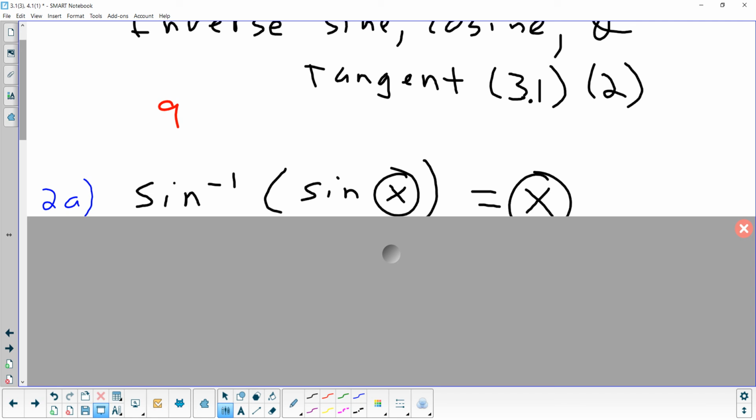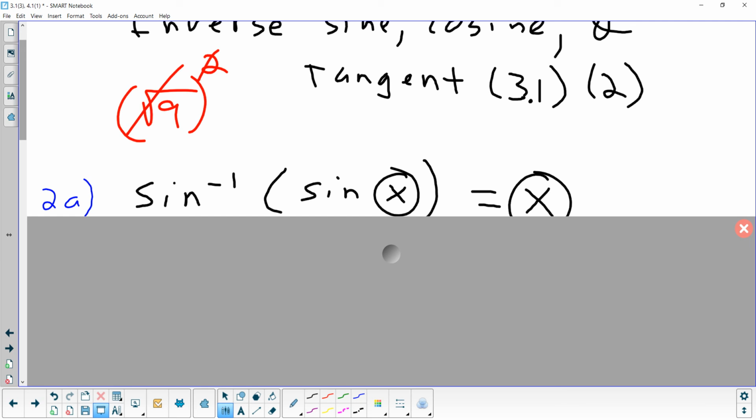If I take the square root of 9, what do I get? 3. Now, what if I take that and square it? What do I get? 9. So I get back what I started with, because taking the square root of something and then squaring that cancels each other out. Right?